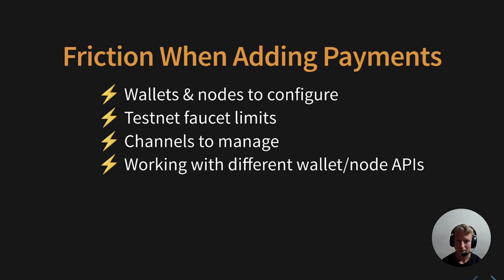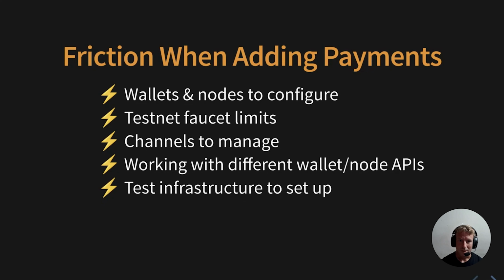And if you want to interact with these different nodes or different wallets like CoinOS or Blink Wallet or any of these that expose an API, they're all different. This makes it very difficult for developers. So yeah, a lot of infrastructure that you need to set up before you even start building, which is not very nice.